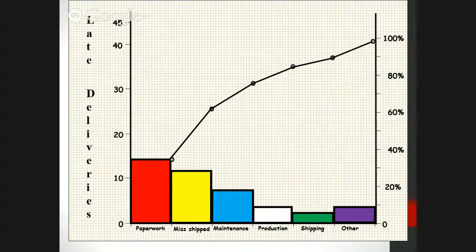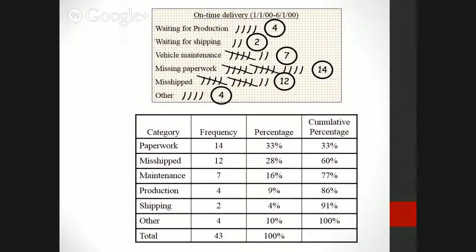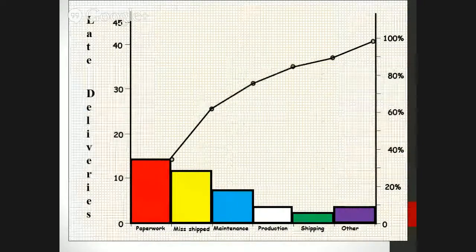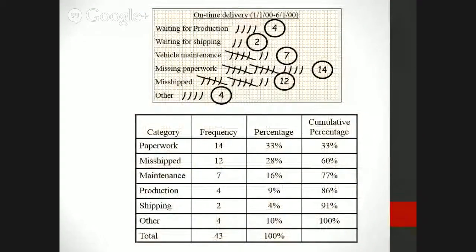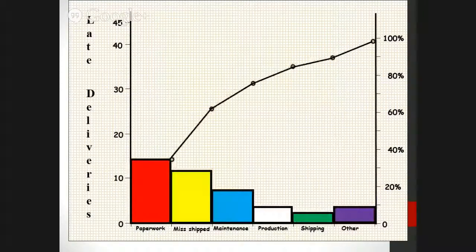The dots, that is the cumulative percent at that point right here. See the first one? Well, it's just itself because there's nothing in front of it. It's 33%. So that's right here. This one is 60% for misshipped, right? Because I had 28% plus 33, and we just rounded up to 60%. Then I put the dot here. Okay. And then I put the next dot.